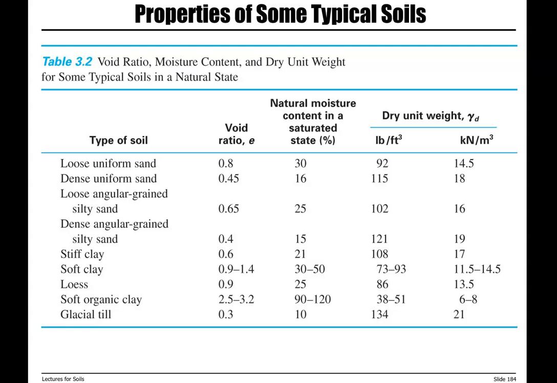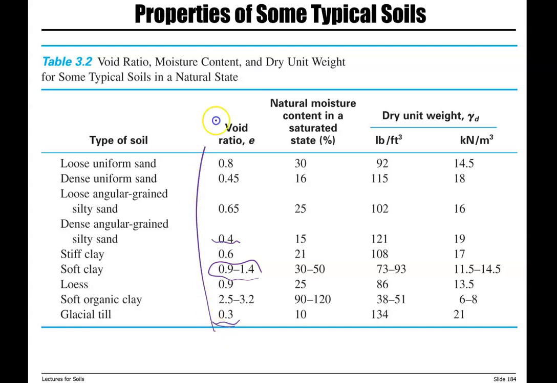This table provides properties of some typical soil. The void ratio for different types of soil can be anywhere from 0.3 to 0.4 up to 0.9 to 1.4.